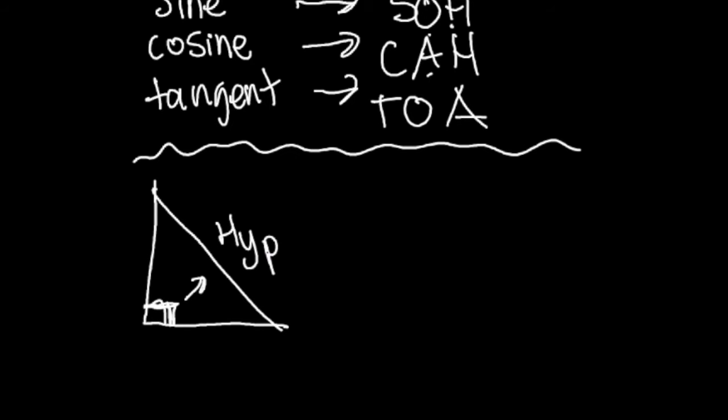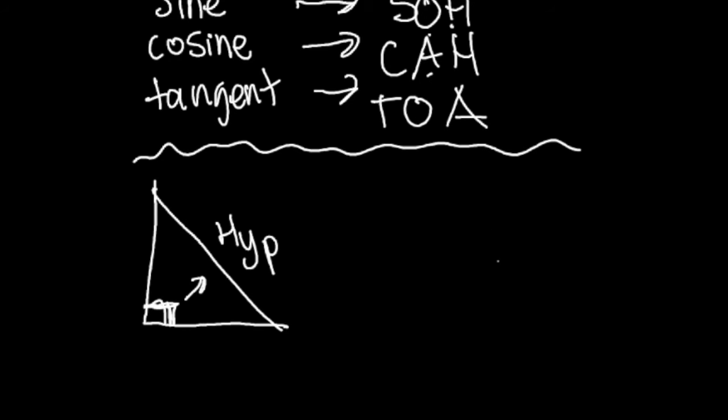The trick to successfully answering a lot of questions is labeling your triangle correctly. If we have a triangle that's not a right triangle, we can't use these trigonometric ratios on it.